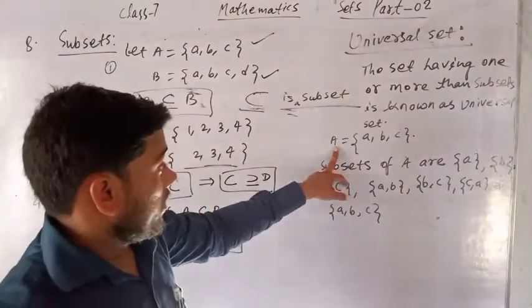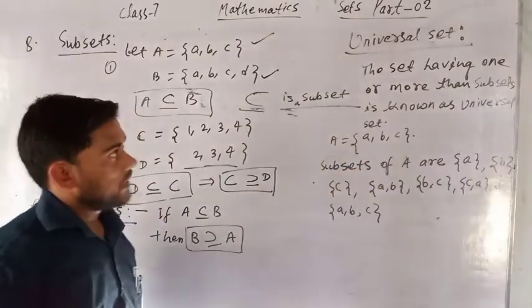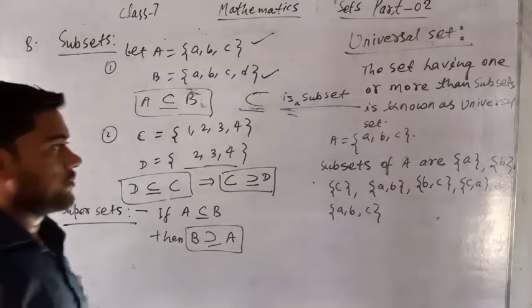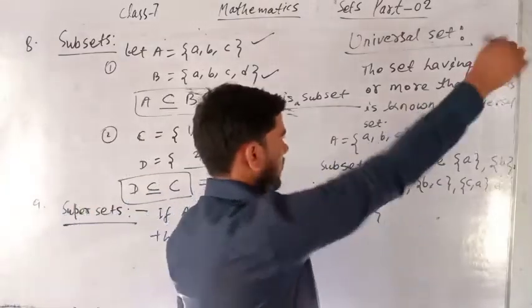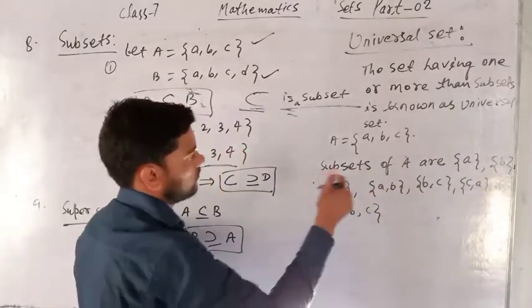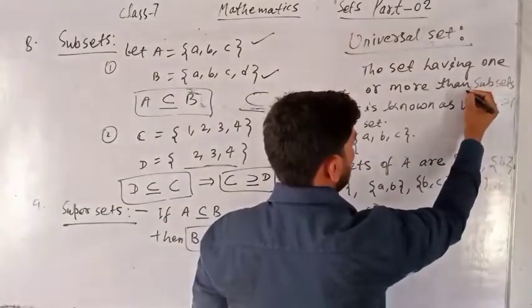Let A = {A, B, C}. It can be a universal set when it has one or more subsets. One and more than one subsets.